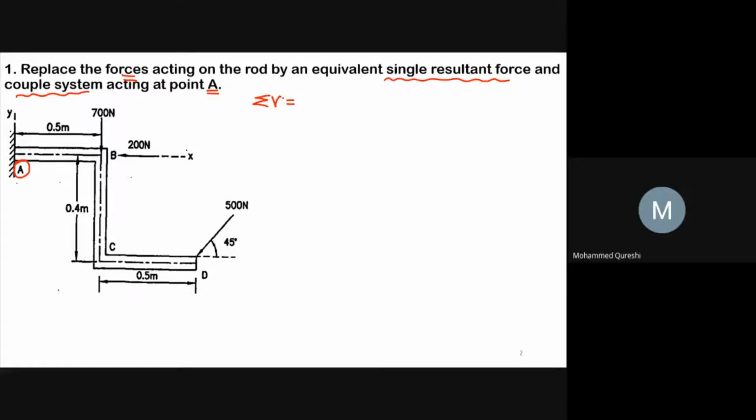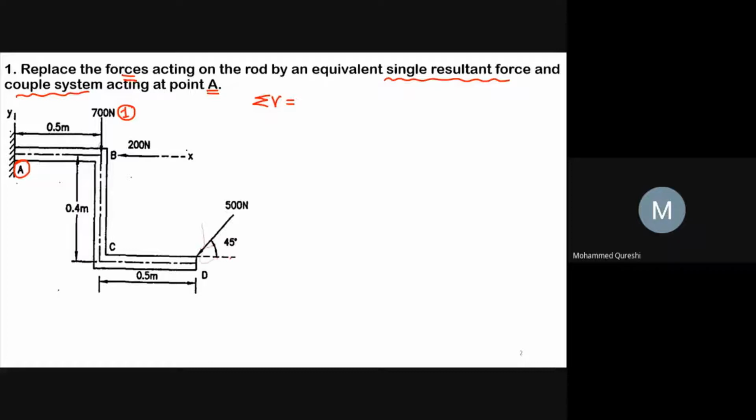So in case of vertical forces, you have two forces. First is your 700 Newton in downward direction, and the another force is over here 500 Newton, making an angle 45 degree with the horizontal x-axis.